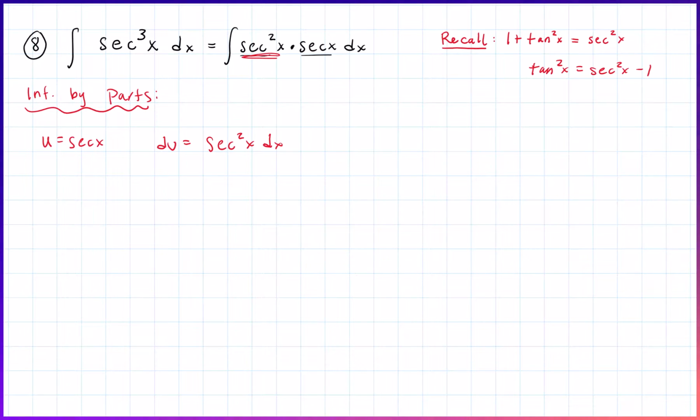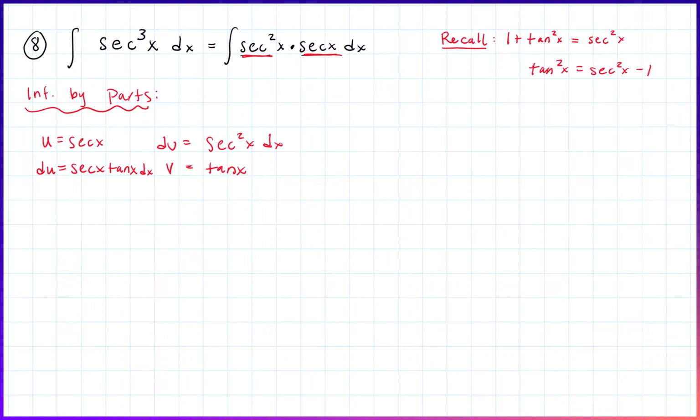I'm going to break apart that secant cubed into a product, one of which I know the integral and one of which I know the derivative. So now I'm going to say du is just secant of x times the tangent of x. And the integral of secant squared is just the tangent of x. We will have a dx in there too. I'm running out of space, but I'm going to squeeze it in there.